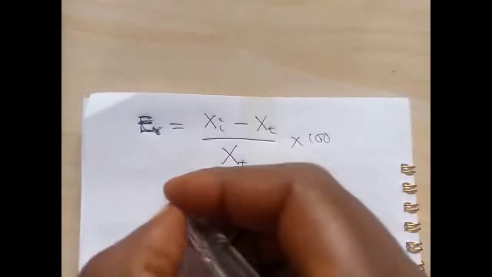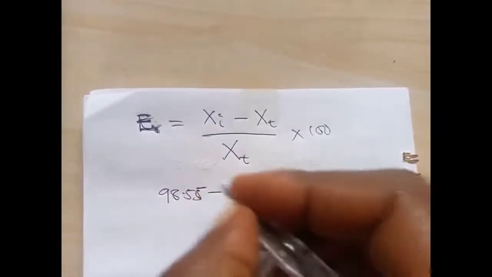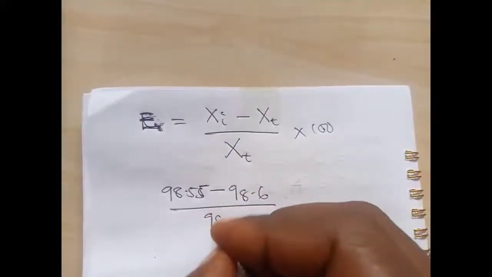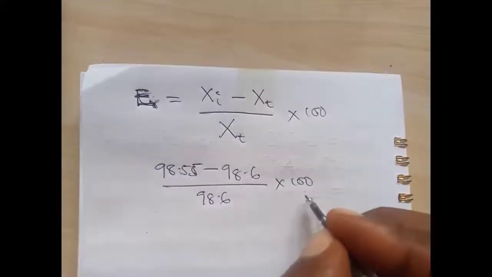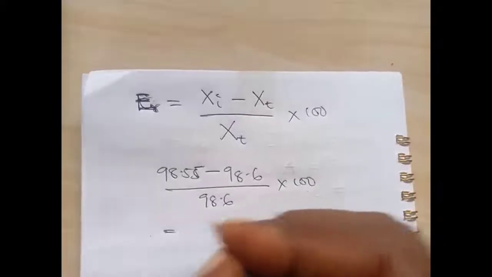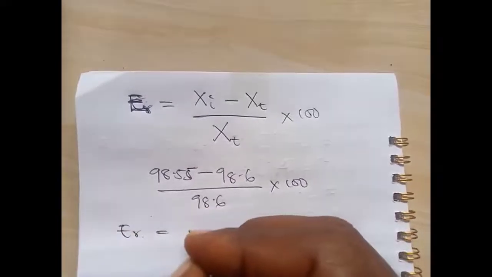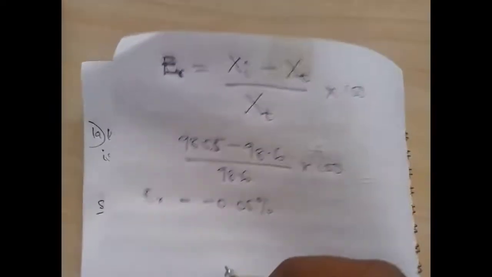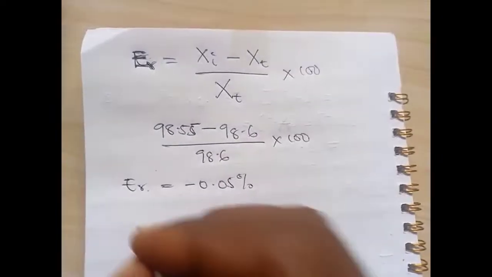Which gives us 98.55 minus 98.6 over 98.6 times 100. This is in parts per 100. So what we'll get is that the relative error is minus 0.05%.